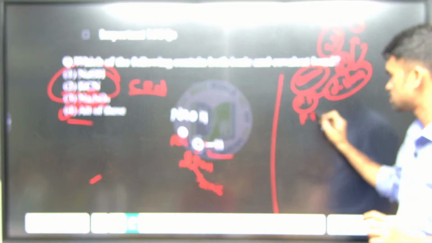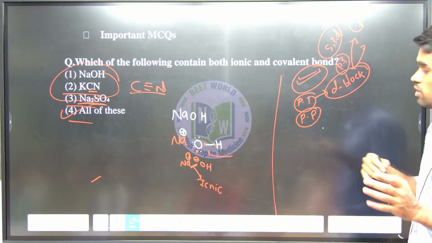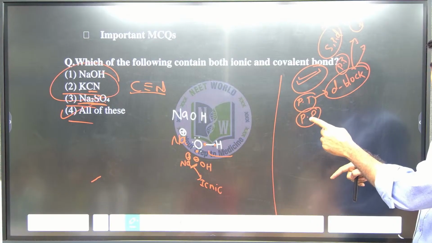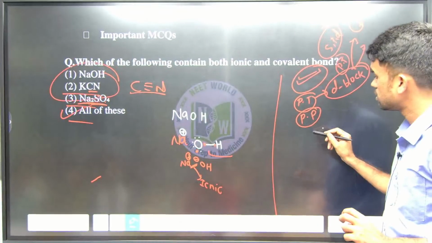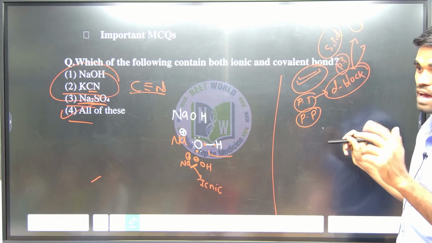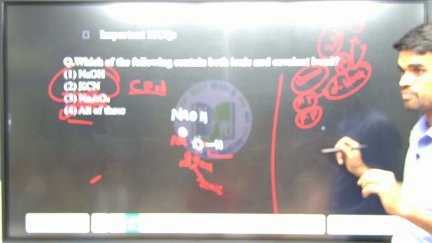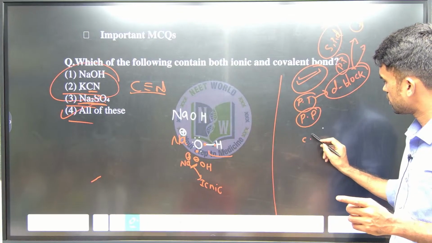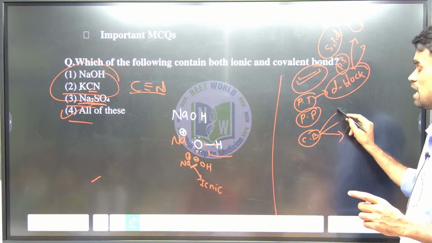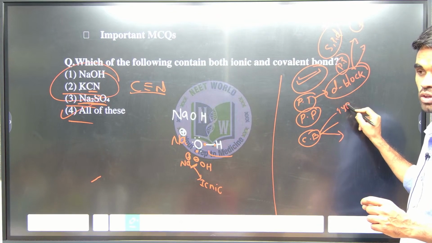Next, periodic properties, sizes and all those things. Electronegativity, that electronegativity table will be there, just go through those values once again. Next, trends, like how electronegativity varies. Next, chemical bonding. Here we discussed the types of bonds and how the bonds are formed.